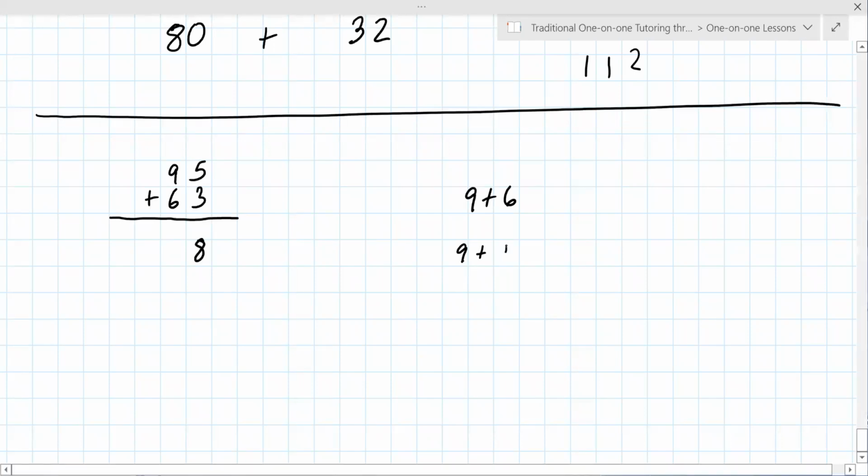So think of 6 as 1 plus 5, because that 1 gets you up to 10, plus 5 gets you up to 15. 15, yeah.